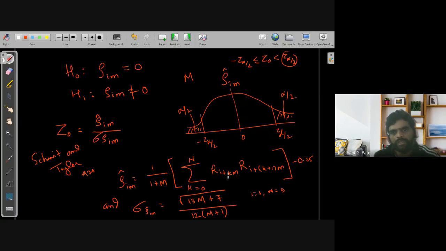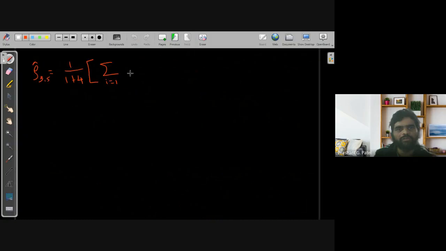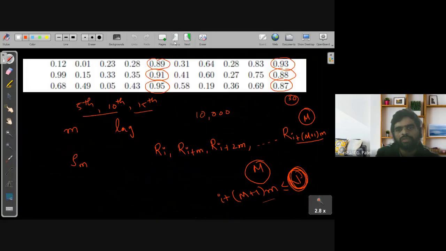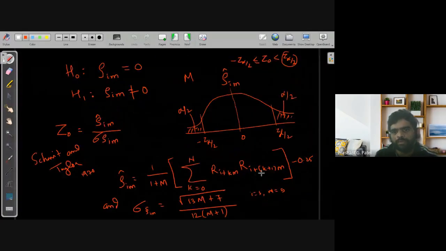So it is R3 into the next number. As per the formula, it is m plus 1. So I is 3, k is 0, and 3 plus 5 is 8.